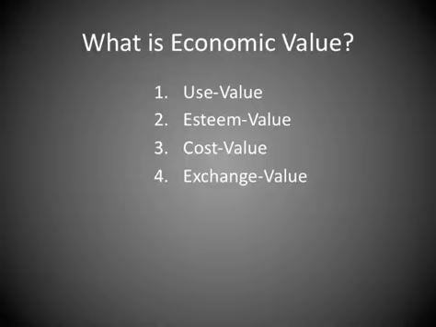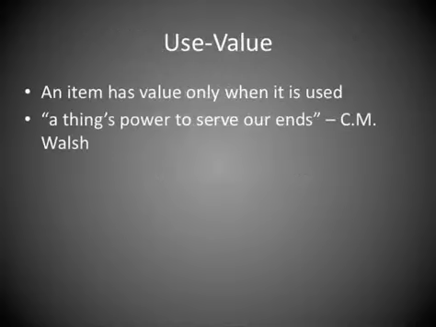Each one of these is viewed differently, and in the context of an information system, as we'll see, we approach them in a particularly unique way. Use value is associated with the concept that an item has value only when it is used. In fact, we often say it has value at the exact moment it's being used. There is a whole set of research associated with stored value, which means that an asset has value even when it's not being used.